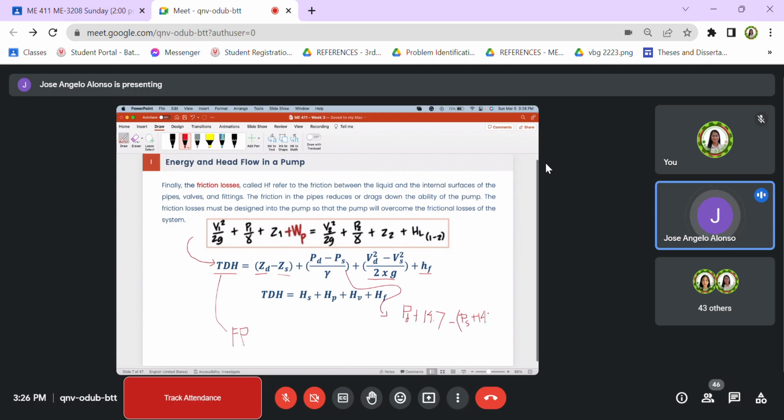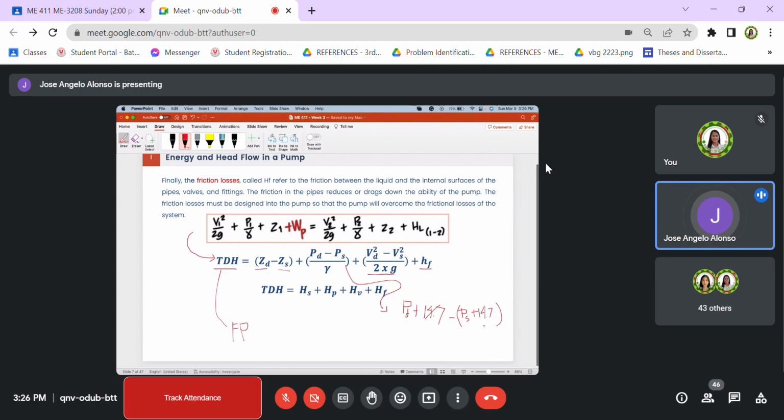So basically, parang sinubtract din natin yung 14.7 both sides. Kaya kahit hindi natin gawin siya during the energy balance or pagkuha ng ating total dynamic head, okay lang, tama pa rin naman yung magiging result natin.